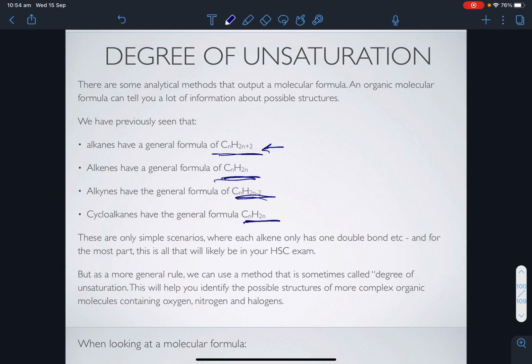You can look at a formula given to you and see which rule it fits, and you can guess it could be this or it could be that. These are only simple scenarios, but remember, we're only likely to get simple scenarios in our exam. As a more general rule, you can look up the degree of unsaturation. I wouldn't suggest that you go into it though.